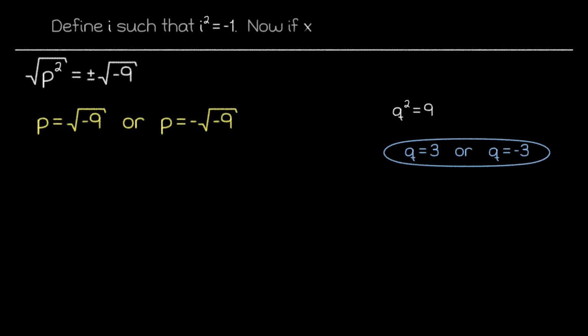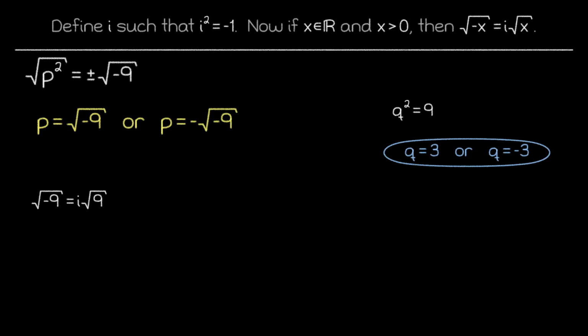Well, we'll use this property, which can be summarized by saying that the square root of a negative number is the imaginary unit times the square root of the number's negation. Thus, the square root of -9 is i times the square root of 9, which is i times 3, although this would typically be written as 3 times i, or simply 3i.